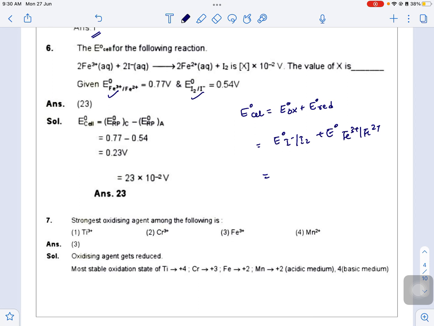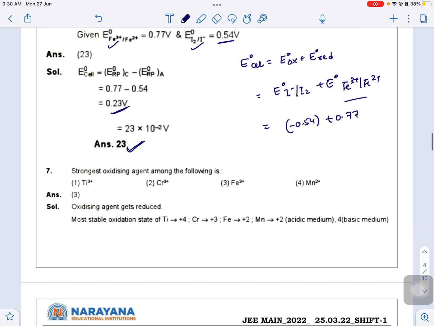E naught Fe plus 3 to Fe plus 2 is given as 0.77. I2 to I minus is 0.54, so I minus to I2 will become minus 0.54. So on subtracting this, you will get 0.23. It is asked x into 10 power minus 2 volts, so that will become 23.